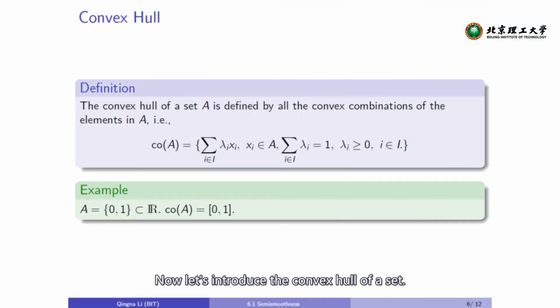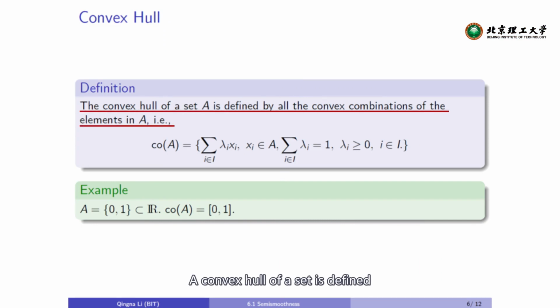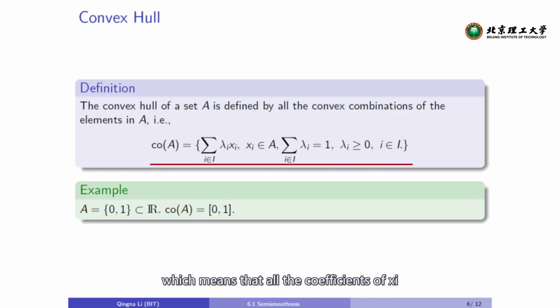Now, let's introduce the convex hull of a set. A convex hull of a set is defined by all the convex combinations of the points in this set. Recall that we have introduced convex combinations in Chapter 1, which means that all the coefficients of xi are between 0 and 1, and the sum of the coefficients is 1. In that case, the result is called a convex combination of the points x1 to xn.